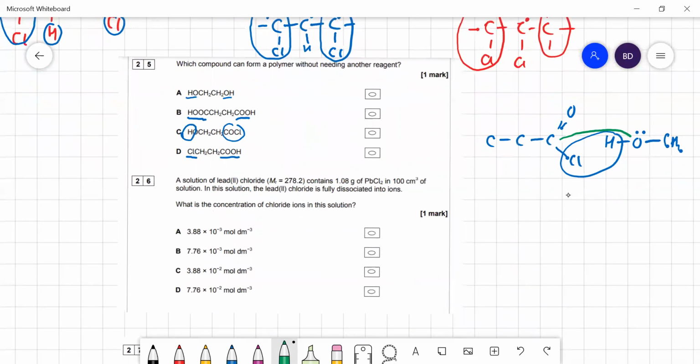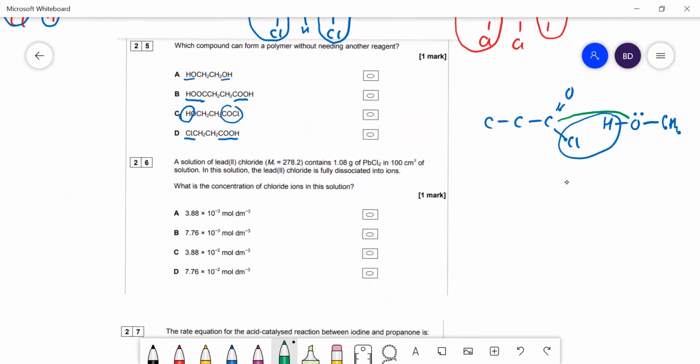A solution of lead chloride contains 108 grams of lead chloride in 100 centimeters cubed. The lead chloride is fully dissociated into ions. What's the concentration of chloride ions? Okay, so we've got 108. How many moles of lead chloride have we got? Moles of PbCl2 is mass over Mr. We've got 108 over 278.2.